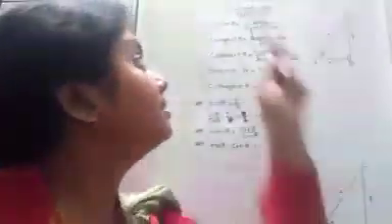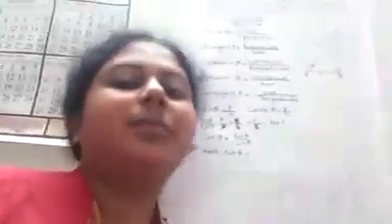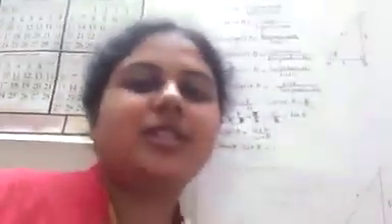Now, if we notice all these 6 ratios very minutely, we will find that sine theta is just the opposite of cosecant theta, because sine theta is perpendicular by hypotenuse, whereas cosecant theta is hypotenuse by perpendicular. So, we can write sine theta is equal to 1 by cosec theta, because they are inversely proportional to each other, whereas cosec theta is equal to 1 by sine theta.